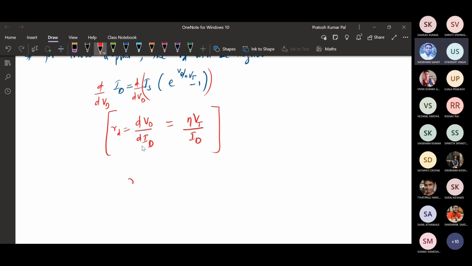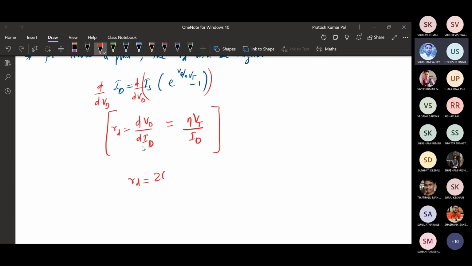So from there we can say RD is equal to... once this N value is generally considered as 1 in case of silicon. In general cases we can put the N value as 1, and we can put this VT, that is thermal voltage at room temperature, as 26 millivolt.